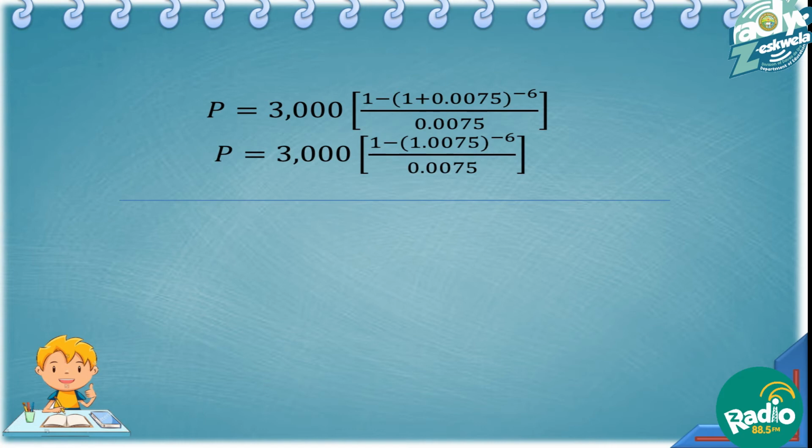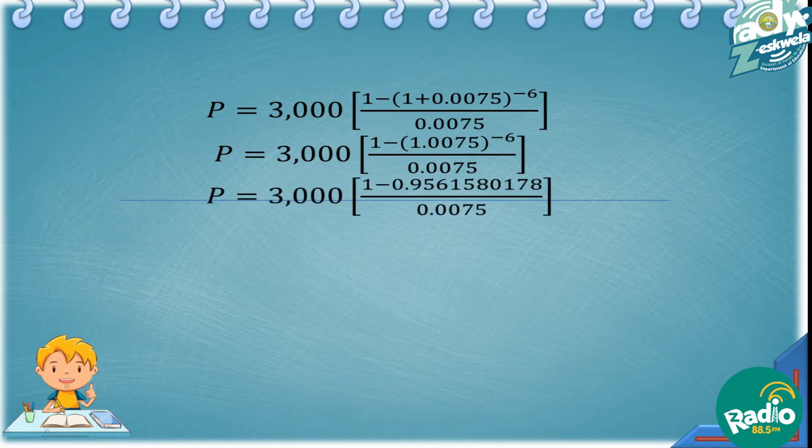That is 3,000 times the quantity of 1 minus the quantity of 1.0075 raised to the power of 6, all over 0.0075, which gives us 3,000 times the quantity of 1 minus 0.9561580178 all over 0.0075.